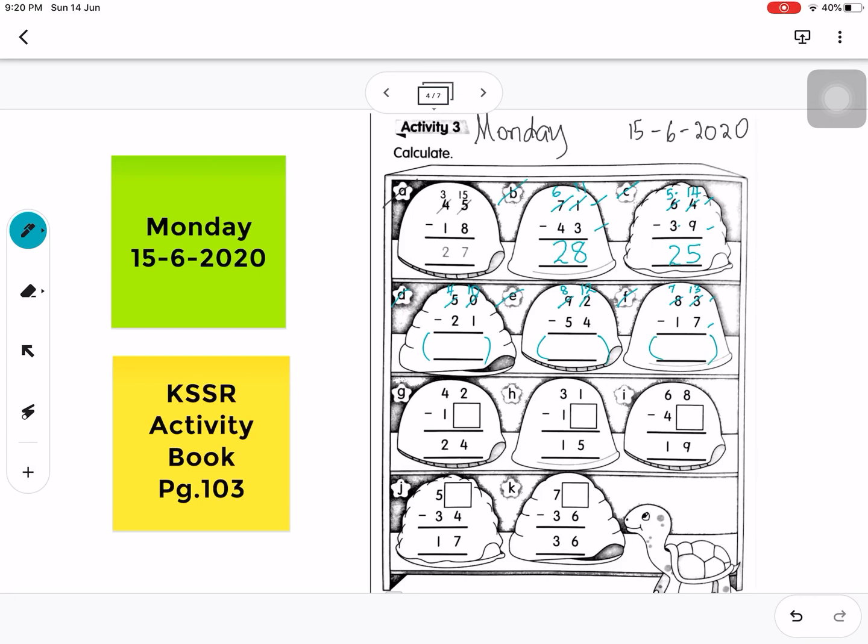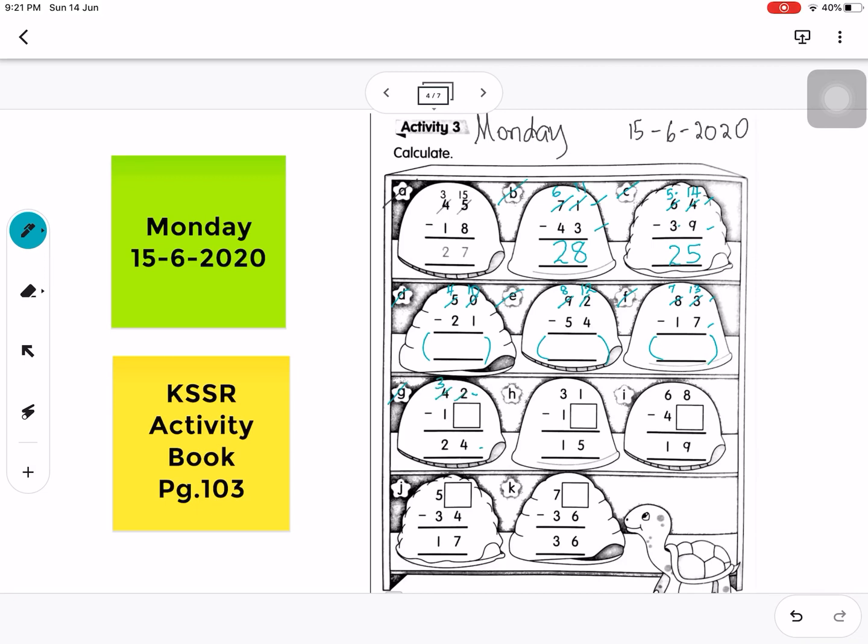Okay, the next one, G. G will use the minus strategy as well to find the number at the middle here. Okay, so that means 2 need to minus 4. 2 cannot minus 4 because 2 is smaller than 4. So as usual, we borrow 1 from 4, 3 left.